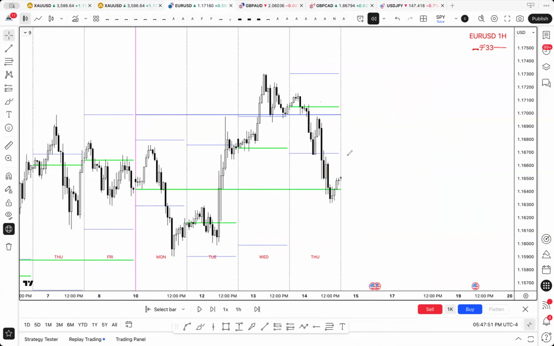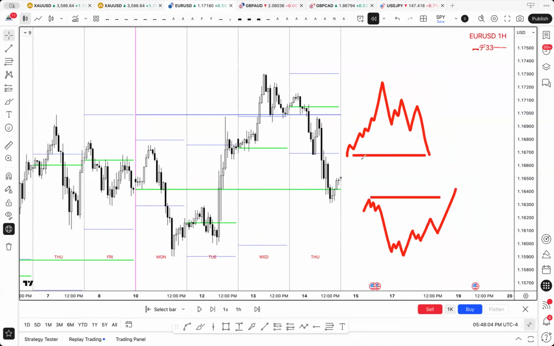Now, I can't stress this enough. It doesn't matter what setup it is, what pattern, how many days, how many sessions. Everything is either a dump and a pump or a pump and a dump. And they're all three steps.